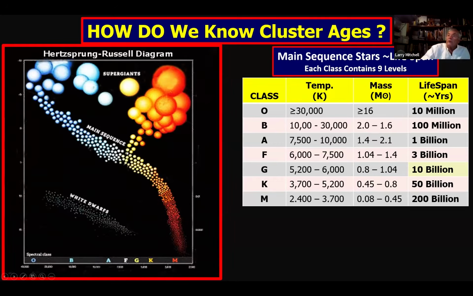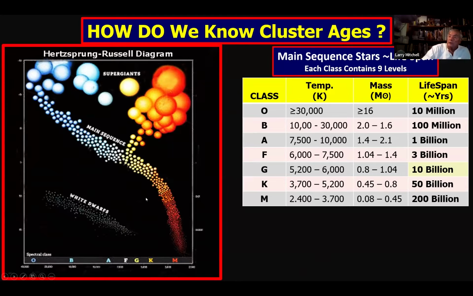The larger, more massive stars will burn through their inner fuel much quicker than your smaller stars. A class O star may last only 10 million years. Class B star, 100 million years. Class F star, 3 billion years. Our sun has a life expectancy of about 10 billion years.